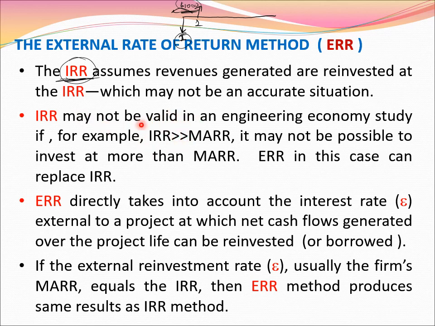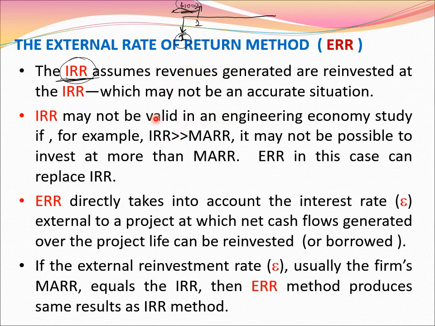In most cases, for example, in order to decide on an investment alternative, we select it if, for that investment, IRR is greater than MARR. Then whenever you have this earning, this return from the project, what are you going to do with that money?